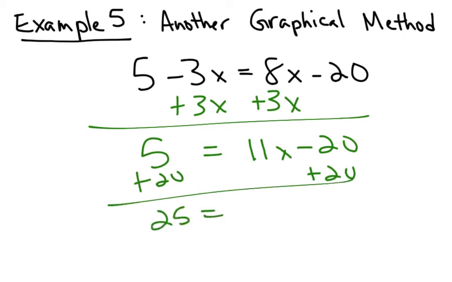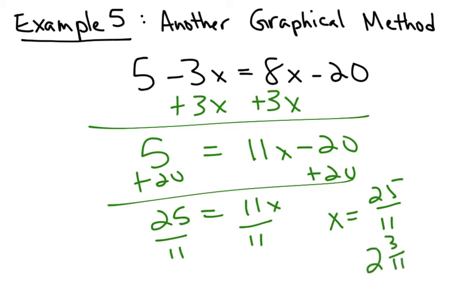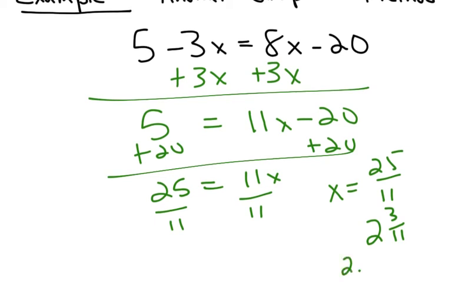So I would get 25 is equal to 11x, and then I would divide by 11, and I would say the answer is 25 over 11. If you really want to turn it into a mixed number, it's going to be 2 3/11. If you want to turn it into a decimal, it's going to be 2.27 repeating.